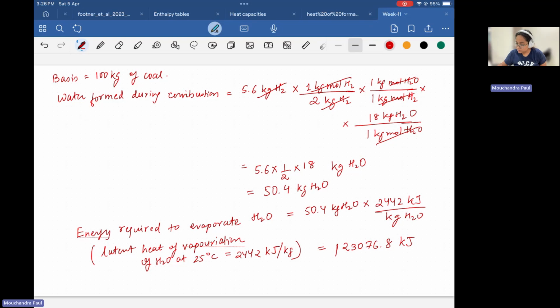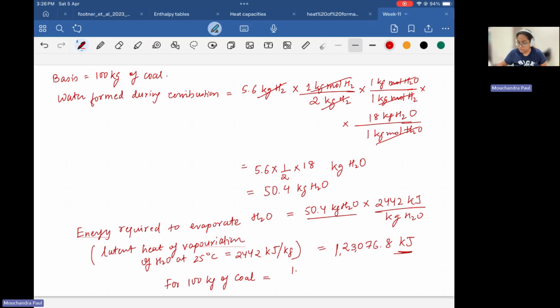Now we were given the basis of 100 kg of coal. How much is the energy required then? Sorry, this is the energy required to evaporate 50 kg of water.